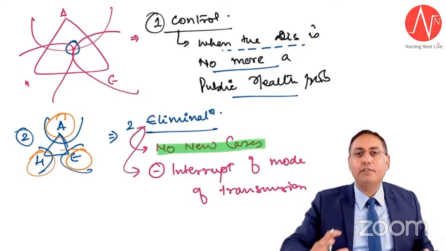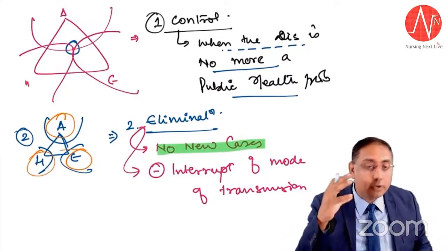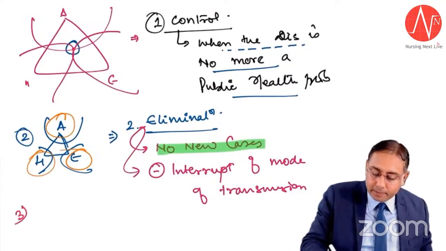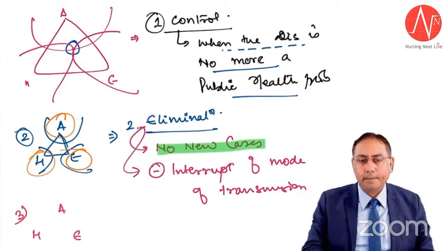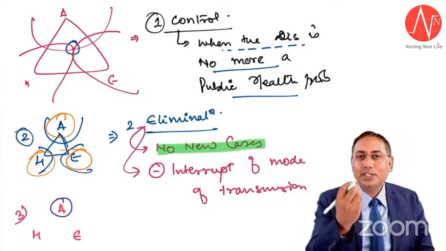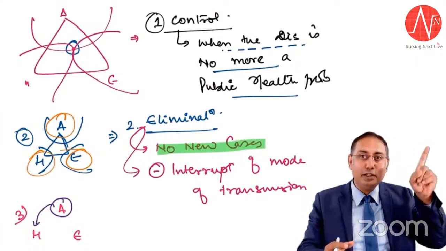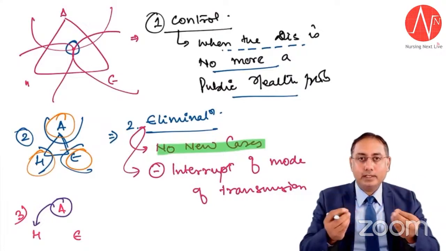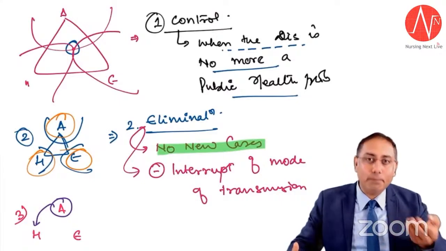After many years of elimination, there could be some diseases which are in the elimination phase. Now don't you think the agent would still be there, the host will be there, and the environment is there? The agent means any microorganism, right? This agent needs a host to replicate. You remember infectivity, you remember reservoir, you remember source. The agent has to sustain in nature, and to sustain in nature, it has to replicate.